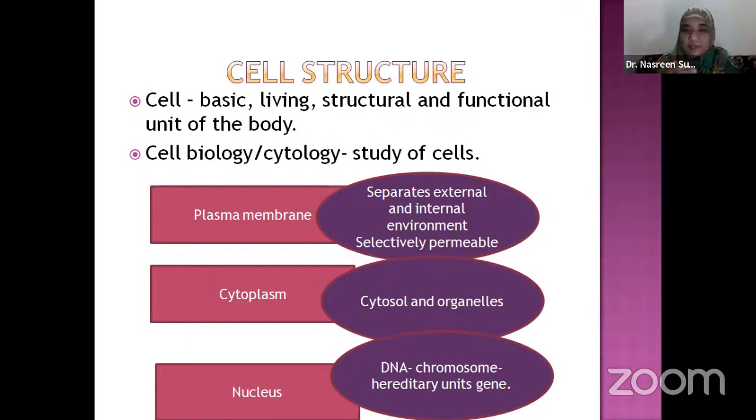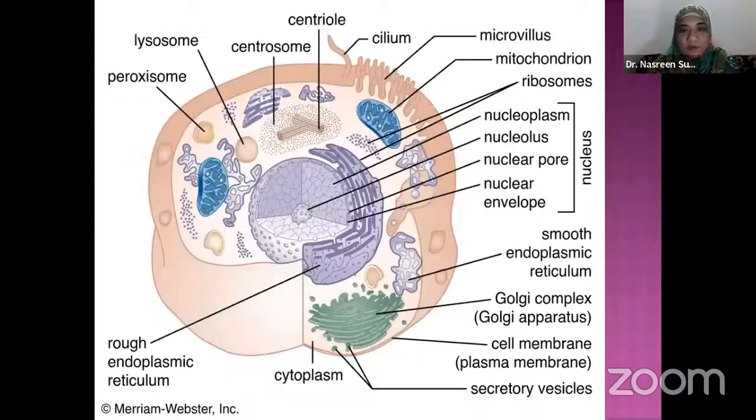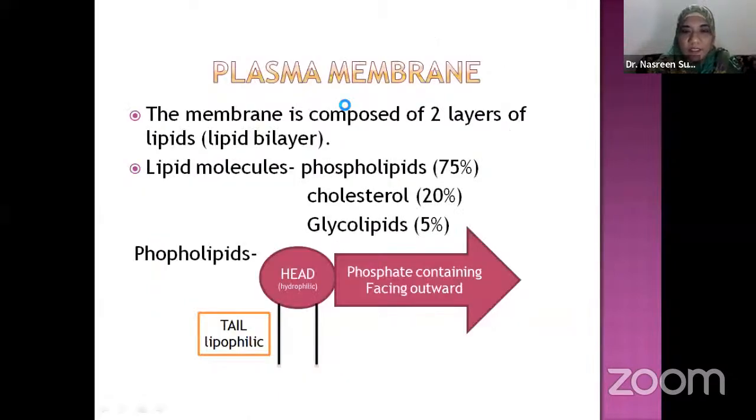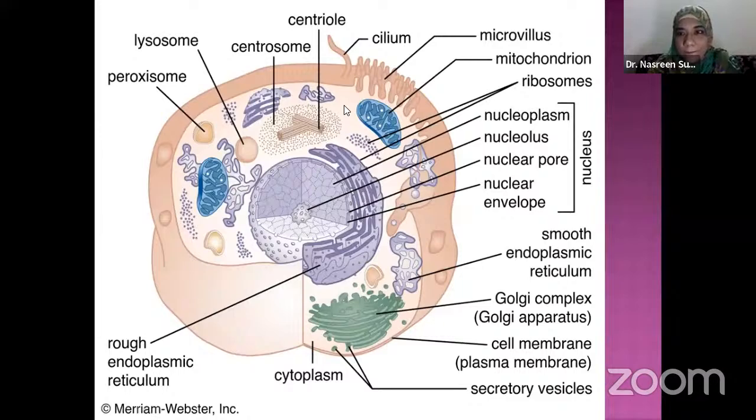Now, again we will study the different parts in this. So the first thing you have is the plasma membrane. As I said, the plasma membrane is the outermost layer of the cell. You can see here, this one is the outermost layer of a cell.